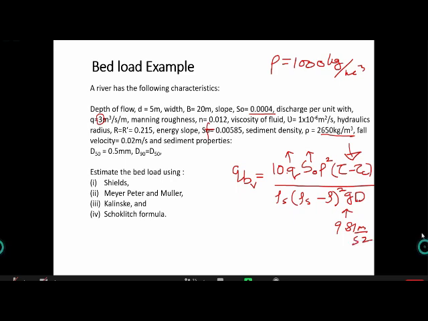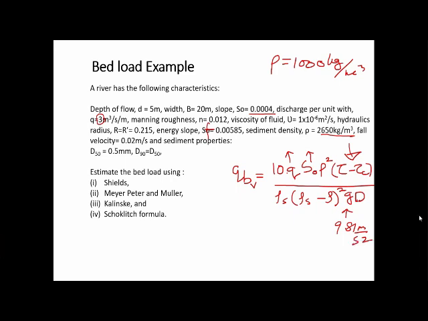And D here is the diameter of your particle size, which is equal to 0.5 millimeter. So what you need to find here is your tau, which is equal to rho g R S naught.